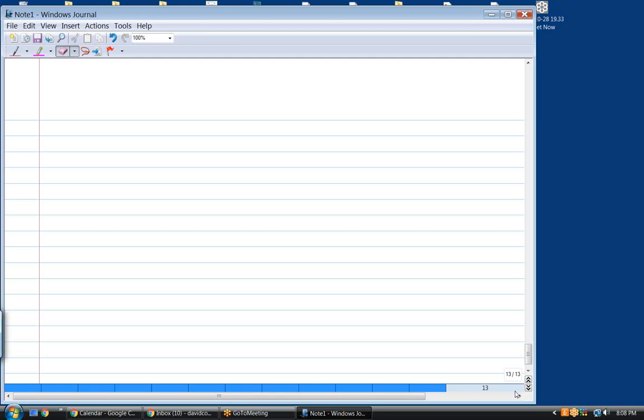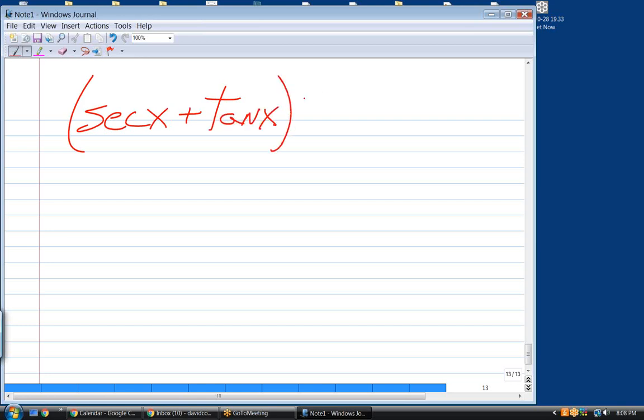Okay, so I'll do parenthesis secant x plus tan x close parenthesis open parenthesis secant x minus tan x close parenthesis equals 1.